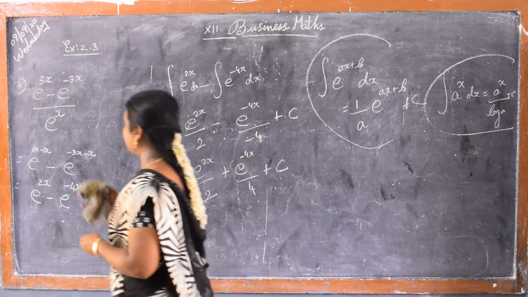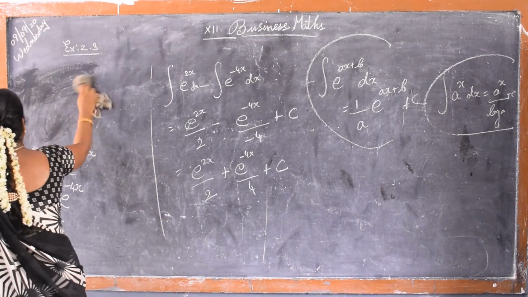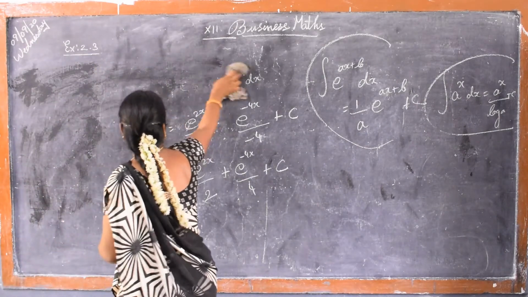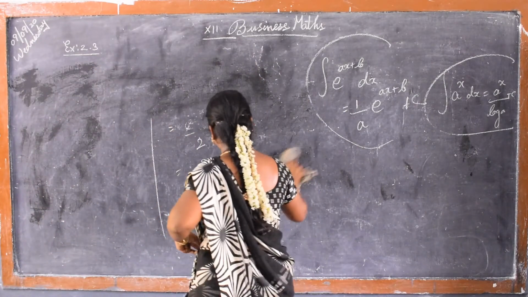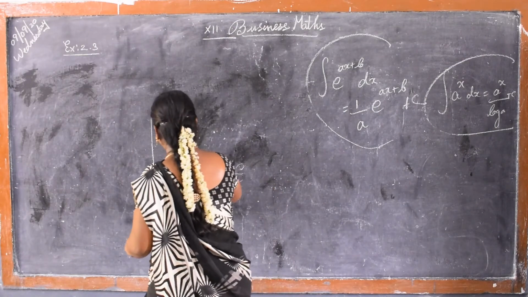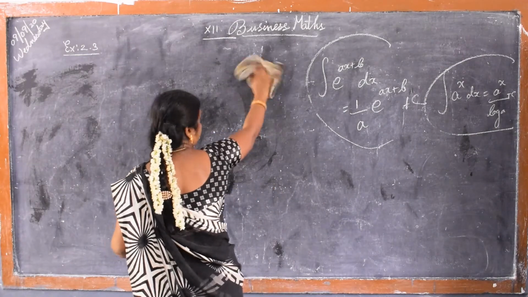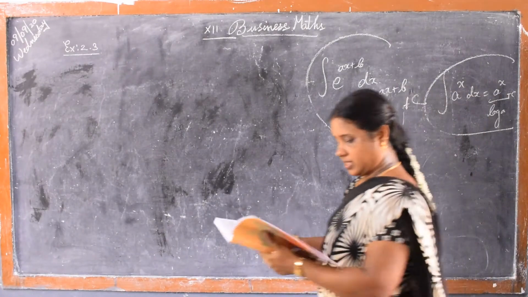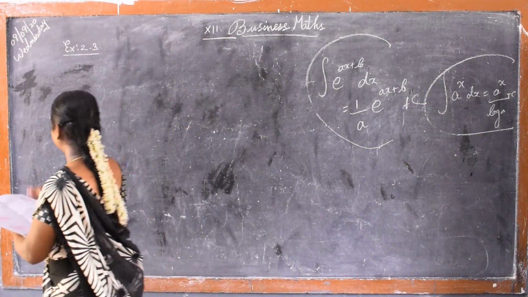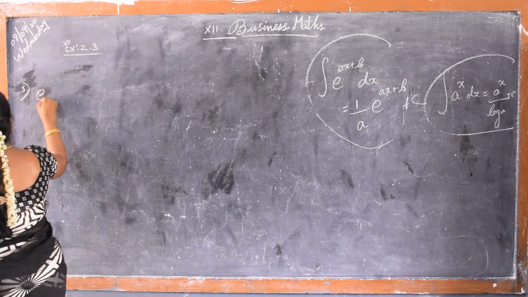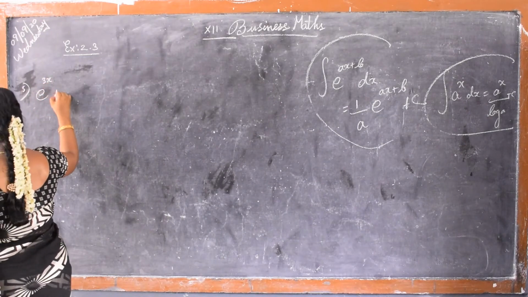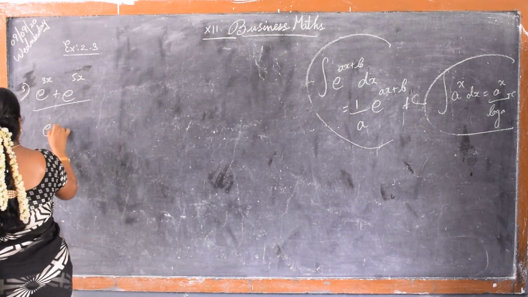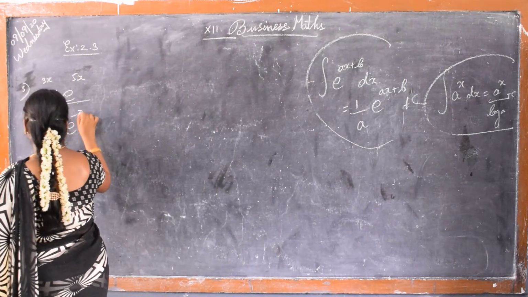Next, our last problem. Our fifth question is e power 3x plus e power 5x by e power x plus e power minus x.